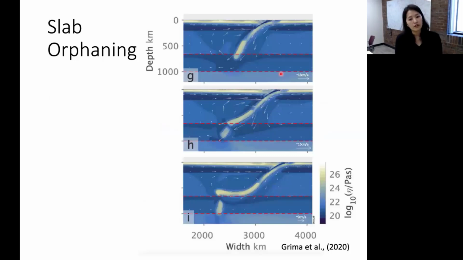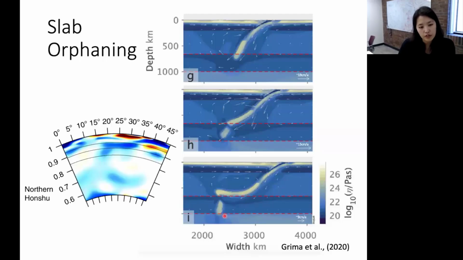More recently, Grima et al. also looked at this phenomenon, and they coined the term slab orphaning. It basically means that during the subduction process, a small fragment of the slab detaches from the rest of the subducting slab. They found that you can observe this process in multiple subduction zones.